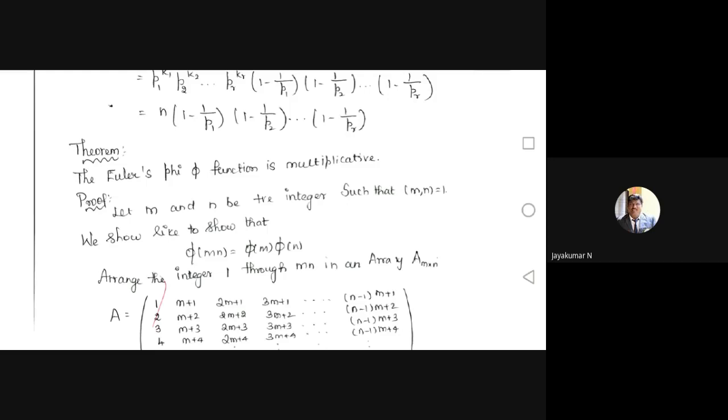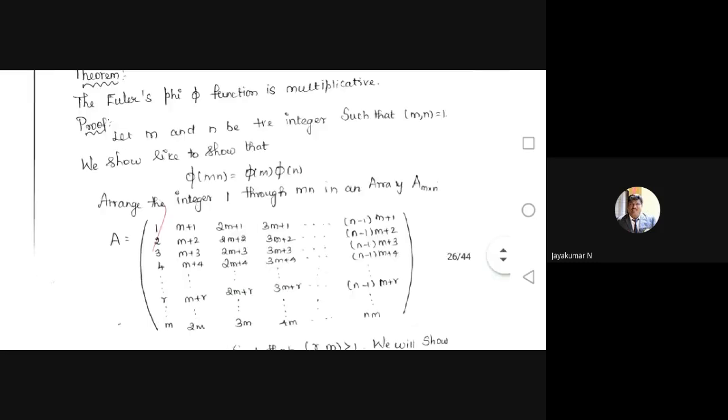For this, we arrange an array of the integers 1 through mn. It means we form an m by n matrix, with m rows and n columns.